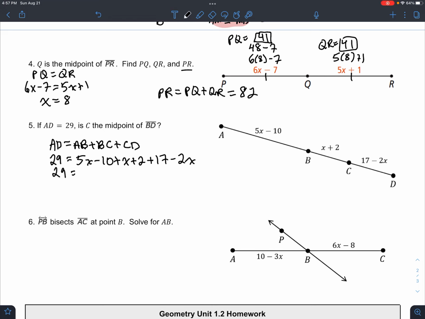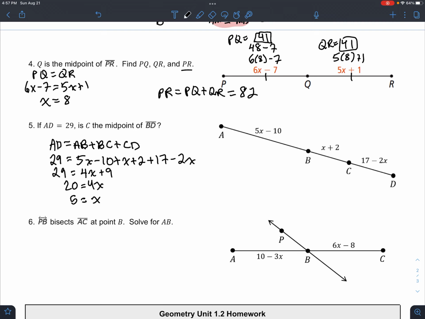And if we go ahead and combine like terms, I have a 5x, an x, and a minus 2x. It's going to get me down to 4x. And then this is going to be plus 9. 20. Cut it in half. Cut it in quarters. It's 5.